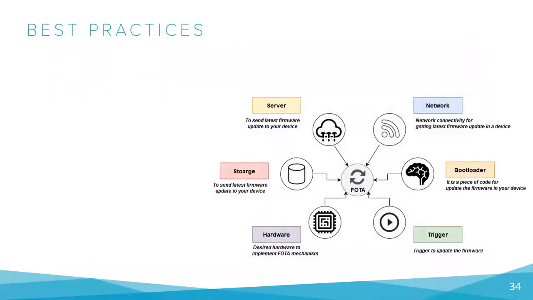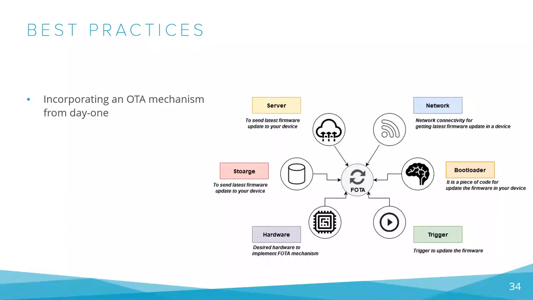So when we are updating our device using OTA technology, there are a few best practices that are followed by industry professionals. We can see them one by one. When designing, developing and deploying a system, the following key points must be addressed.